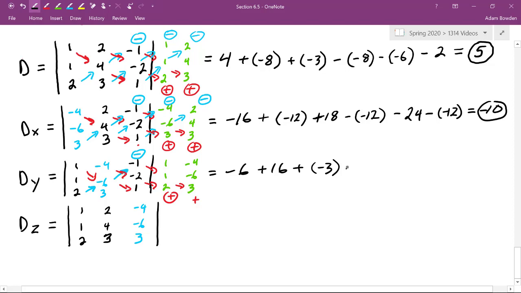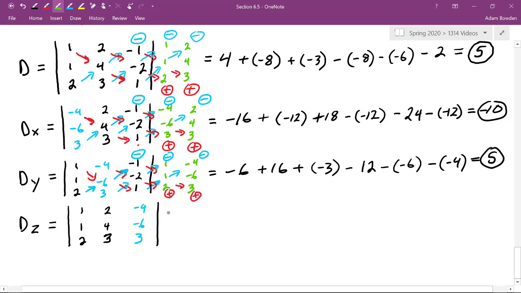So the next one would be minus 12. And then we multiply up diagonally again, subtract the number, be minus negative 6. We multiply up diagonally, finally we get the last number, minus negative 4. So we put this all together and we'll get another positive 5.